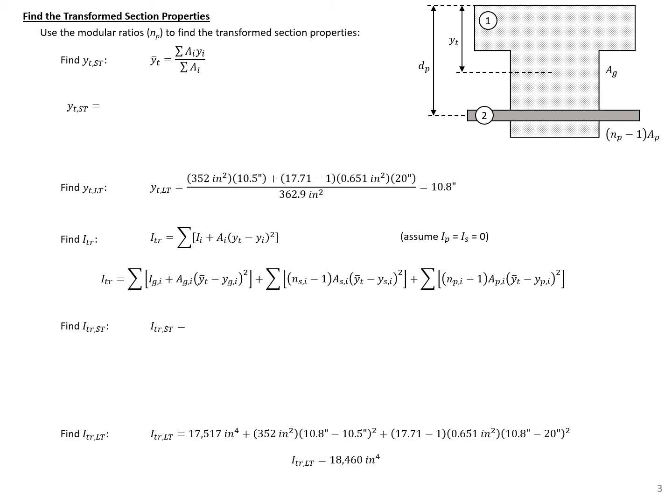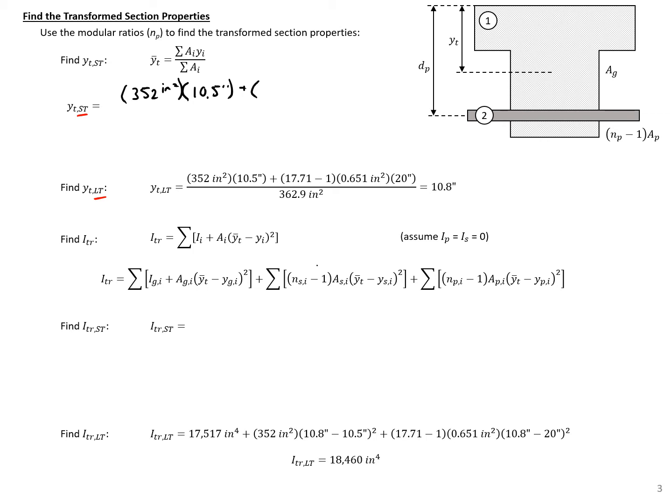Now we can find the distance between the top of the section and the centroid of our short-term and long-term transformed section. So we'll start with our short-term. So our first area is our gross area, 352 square inches, times the distance between the top and the centroid of the section, which we found before is 10.5 inches.